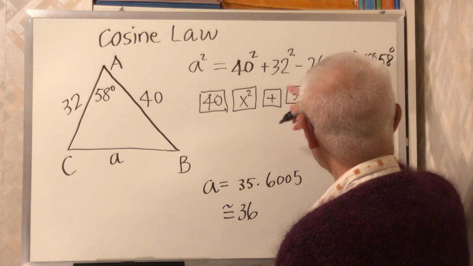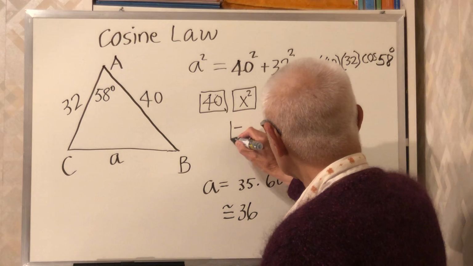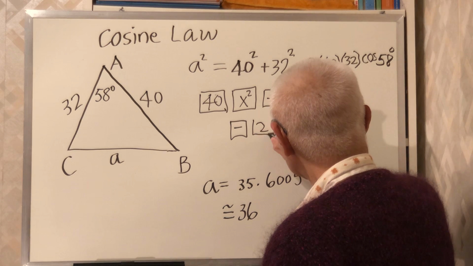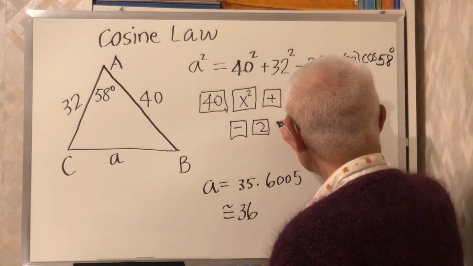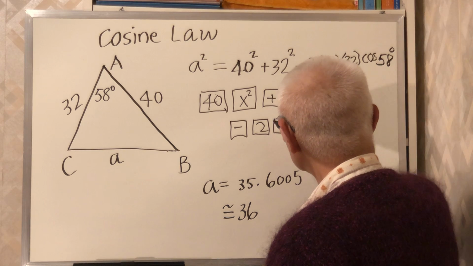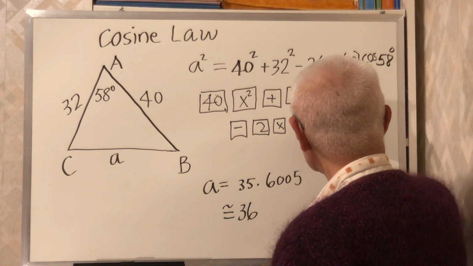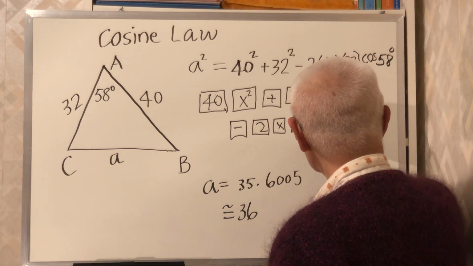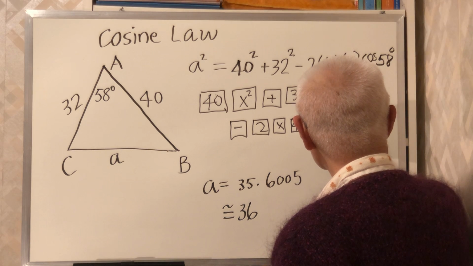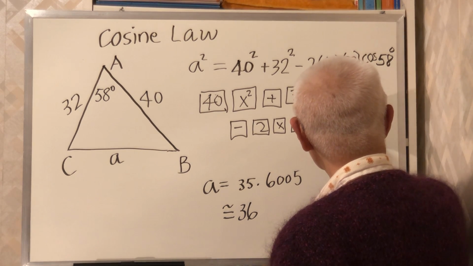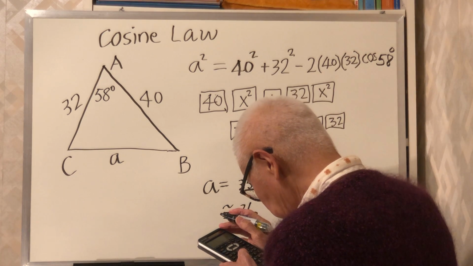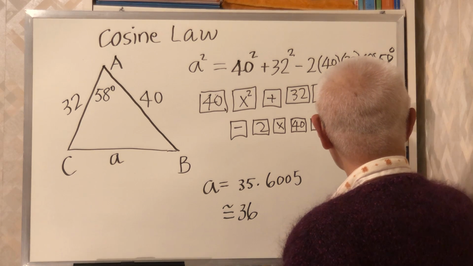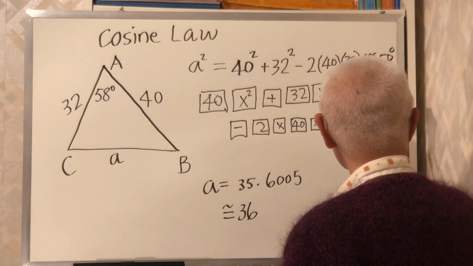Then press minus, enter the number 2, multiply, enter 40, enter multiply, enter 32, enter cosine now. Enter 58.